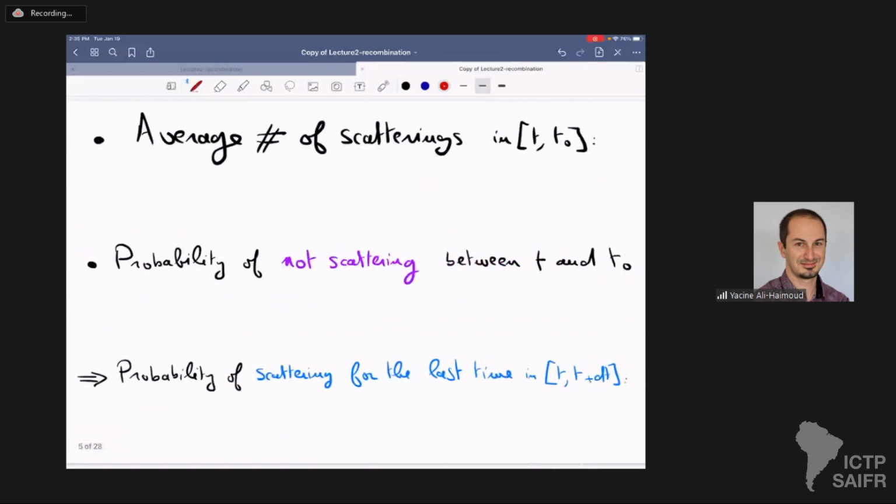Okay, so now we can compute more things. We can compute the average number of scatterings in a finite time interval.